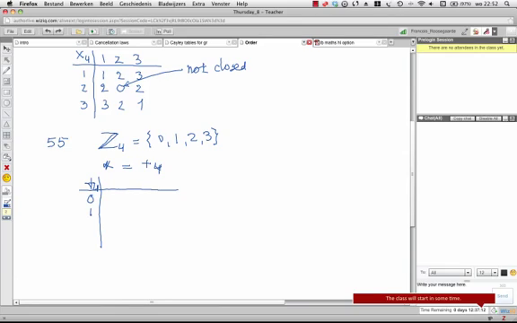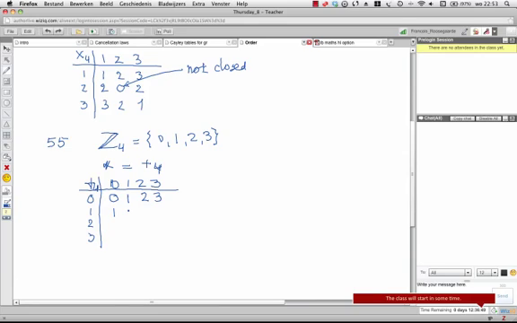I have my elements. 0 plus 0 equals 0, so the remainder is 0. Here the remainder is 1, 2 and 3.